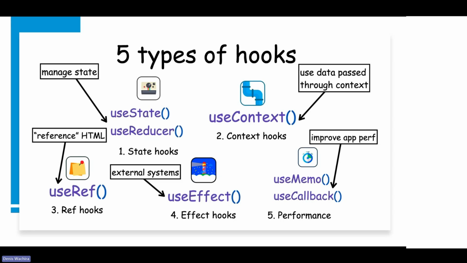Then in the next class, we talk about useEffect and useRef. Then later, we talk about useContext. And finally, we cover the performance hooks. So if you hear me talking about state hook, reducer hook, useRef hook, useEffect hook, these are types of hooks that we use in React.